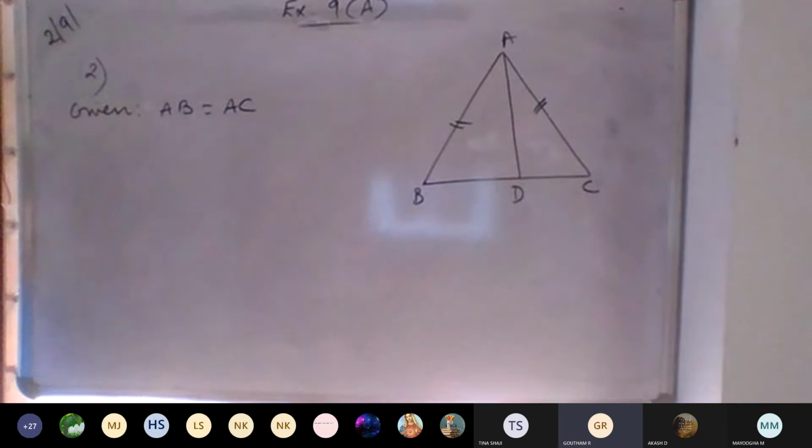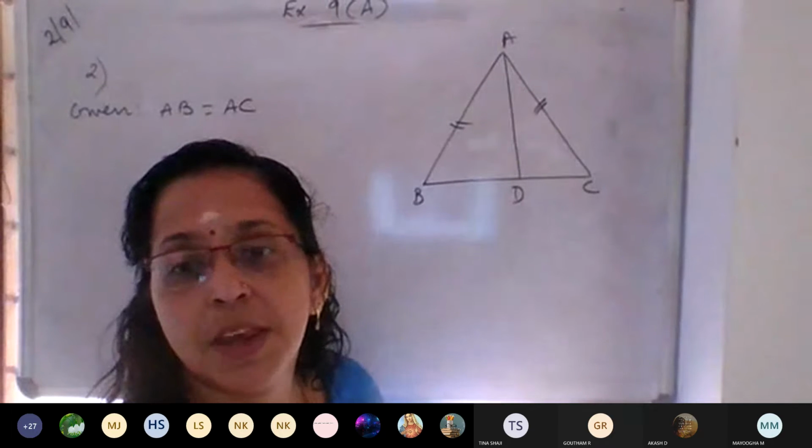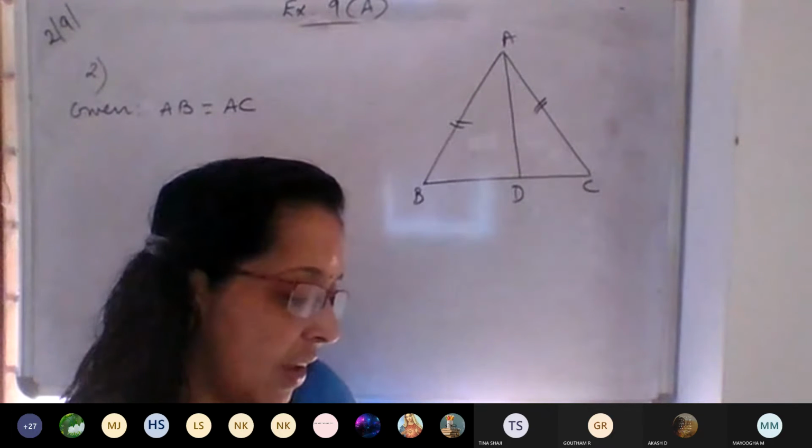Which question do you have doubt in? Question number 9, I think. Yes, ma'am. It will be already in that question itself. Depending upon that question only we can take.